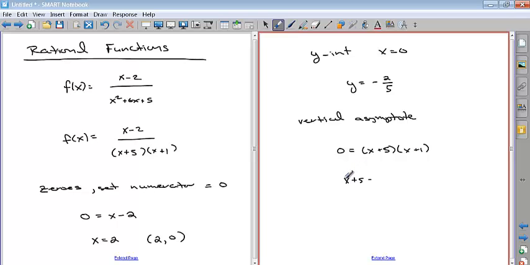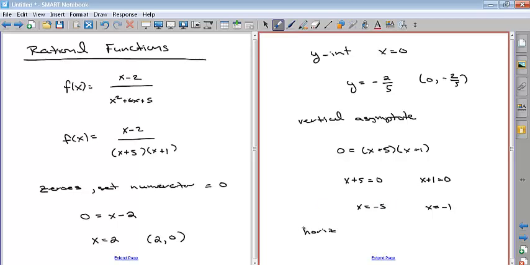So you'd have x plus 5 equal to 0 as one solution, x plus 1 equals 0 as the other solution, to get either one of these factors equal to 0. So you get x is negative 5. That's the equation for the vertical line. Here we have a coordinate that was x comma negative 2/5. So that's a point. The values we calculate down here are actually going to be the vertical asymptotes.